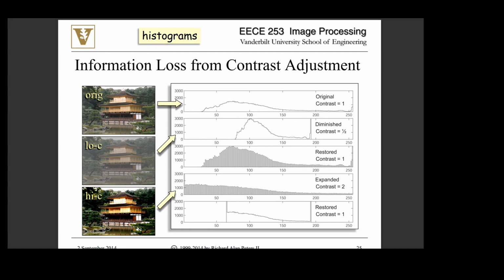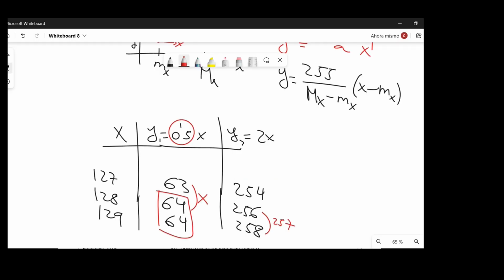So we have a value, then a zero, a value, then a zero, a value, then a zero. That is what's happening here. If 257 is never reached, in my histogram, 257 will get a zero. So when you're increasing your contrast, there are values that cannot be reached.